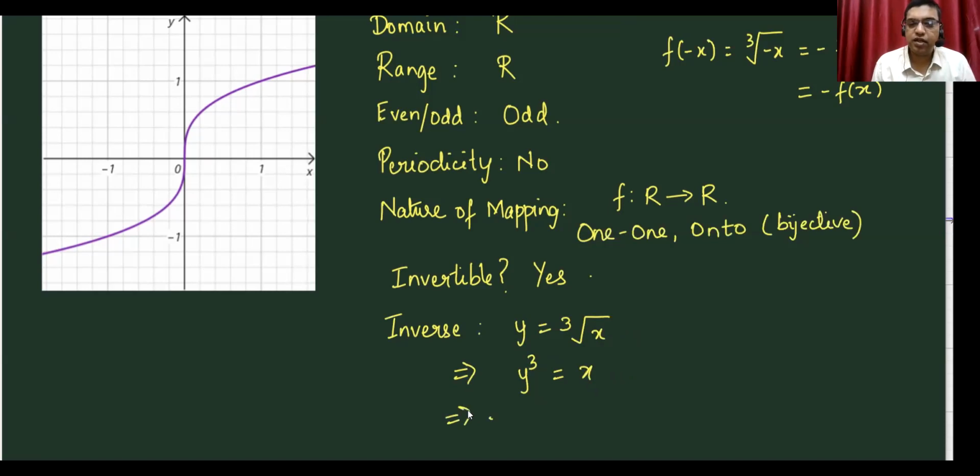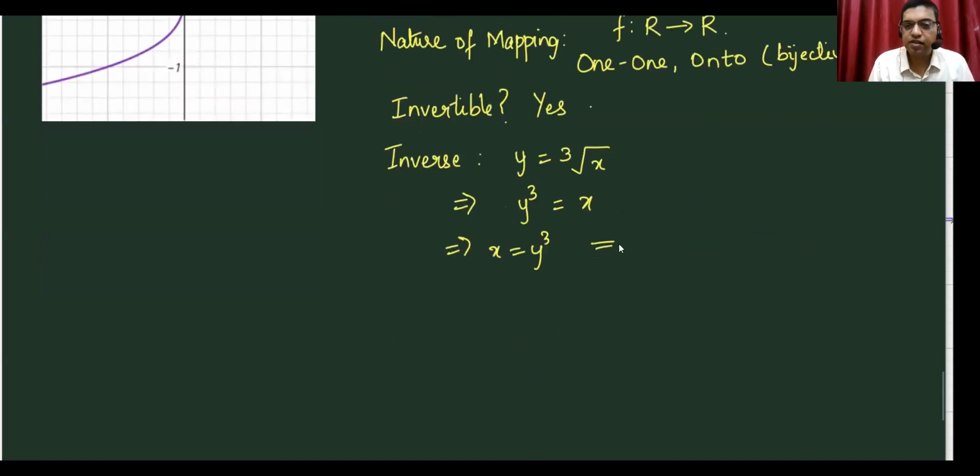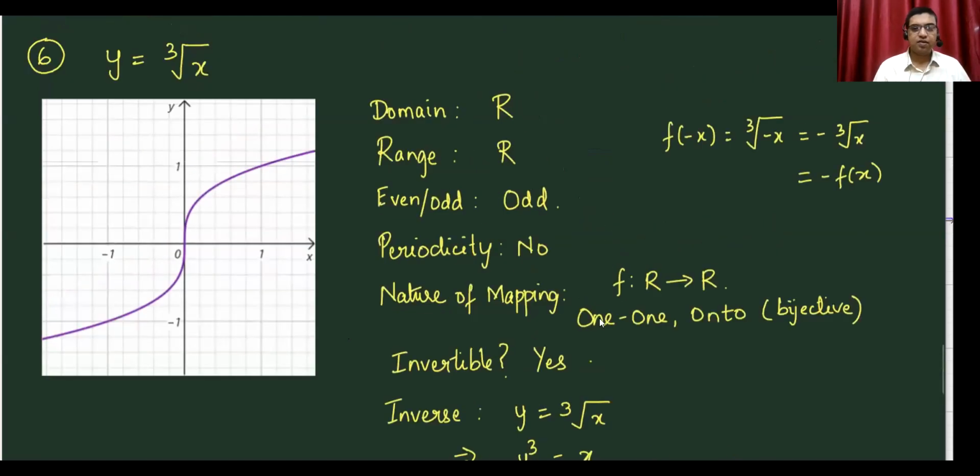So x equal to y cube. This implies f inverse of x is x cube. All right. So these are some basic ones.